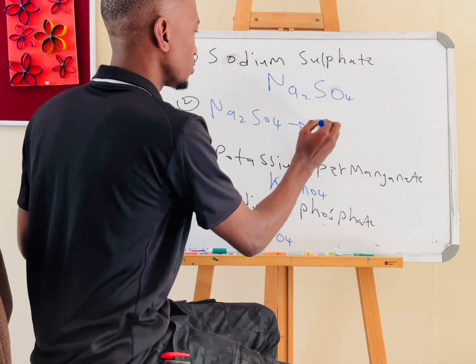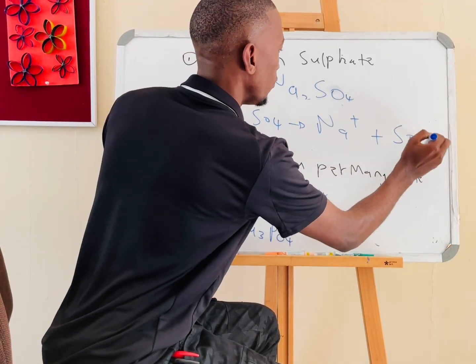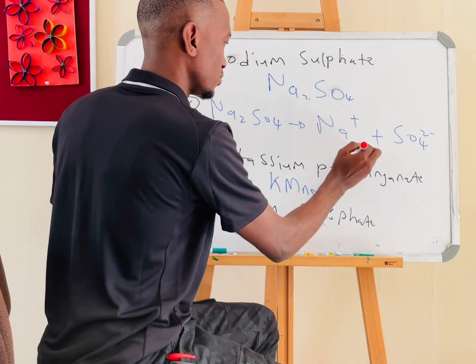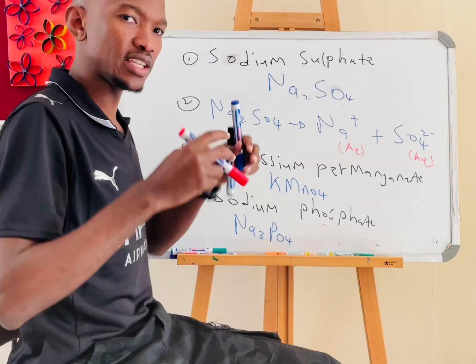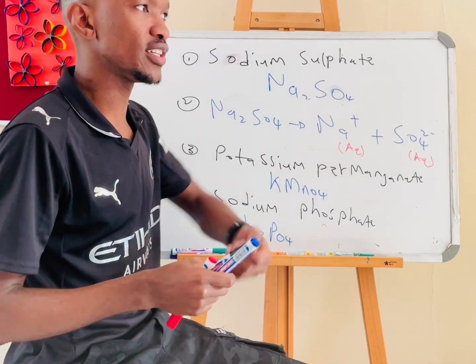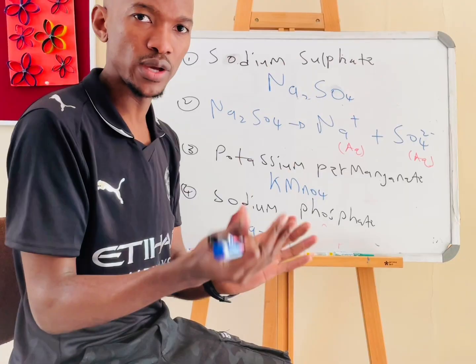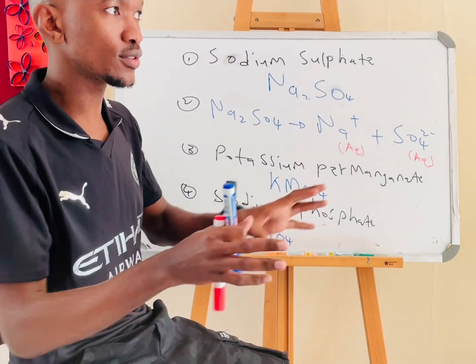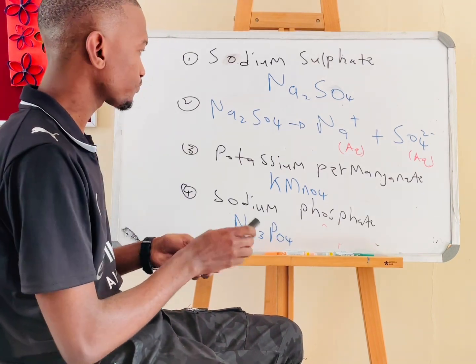When I dissolve it in water, I'm gonna have sodium ions plus SO4 2 minus. And check what I'm gonna do: aqueous. Aqueous shows that they are dissolved. Aqueous solution, remember water is your solvent. These substances are the solutes. At the end of the day, you have a solution. So it's aqueous because they are able to dissolve, because water is a good polar molecule.